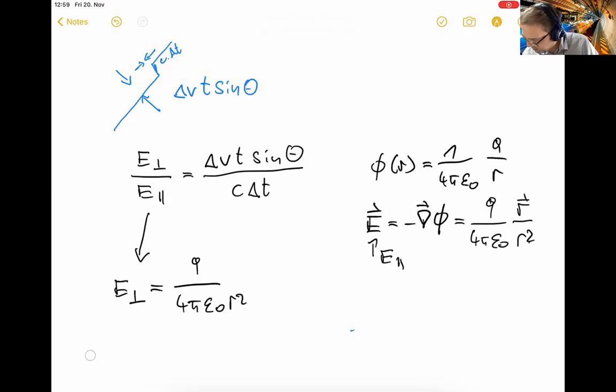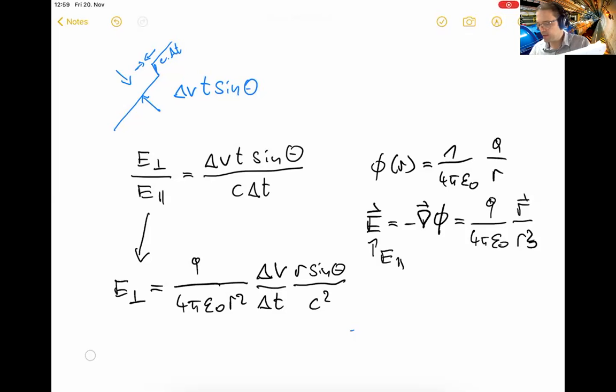Oh, that was wrong. There's a cubed here. Divided by r squared, and we get the acceleration here. It's delta v divided by delta t, because acceleration is really what drives the energy dissipation. And the geometric factor is r sine theta divided by c squared.